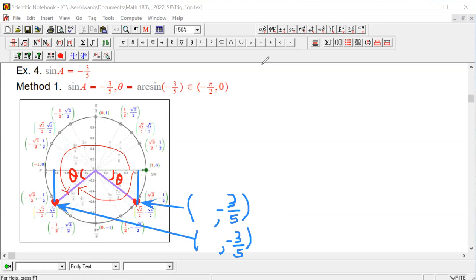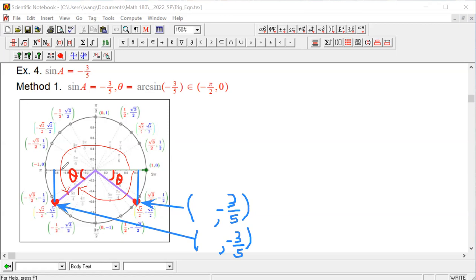All right, so let me tell you the answer. If you go this way, it's basically pi. You measure from standard position, you get here at pi. All the angles as input for sine are measured from standard position.